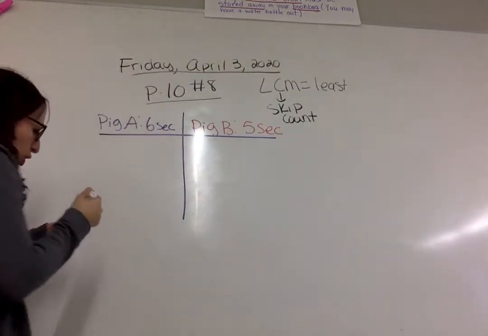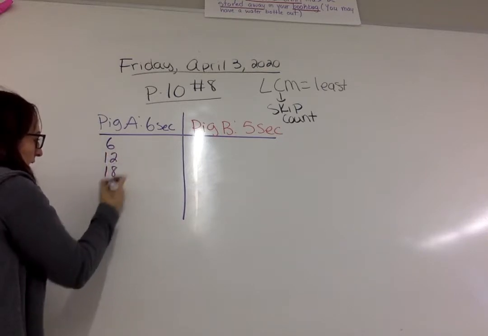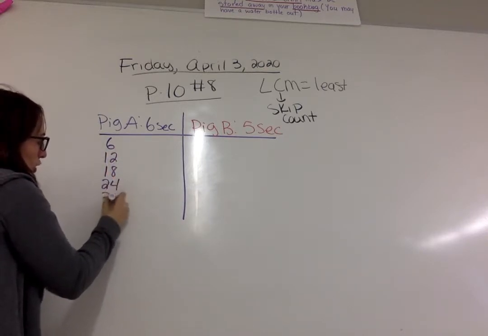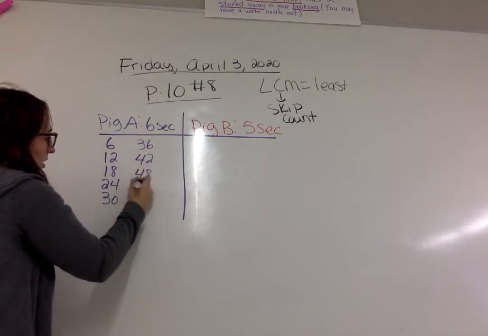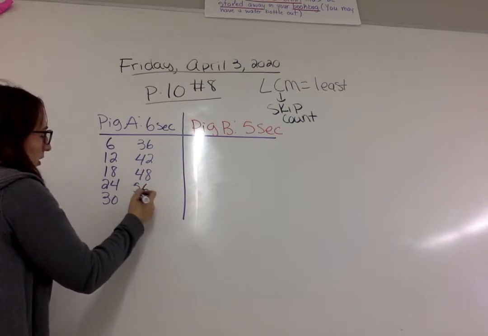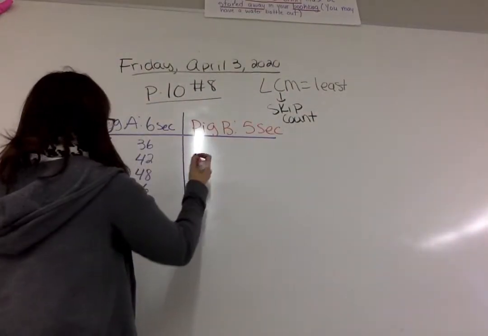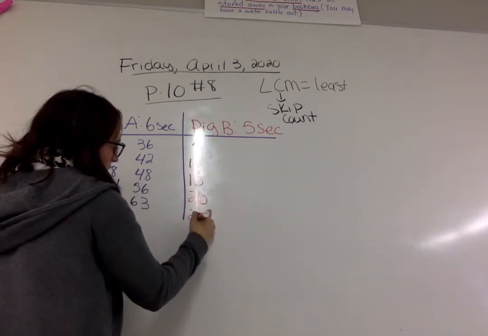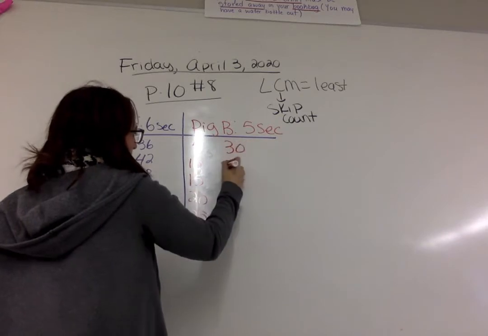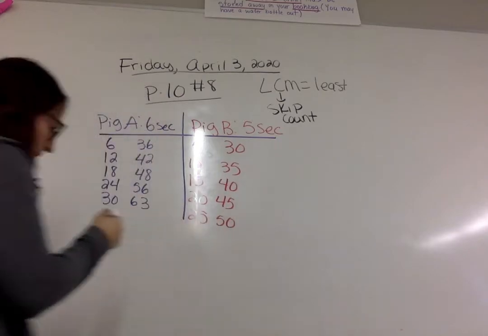So let's skip count the multiples of 6. 6, 12, 18, 24, 30, 36, 42, 48, 54, 60. I'm going to skip count my multiples of 5, which are easy. 5, 10, 15, 20, 25, 30, 35, 40, 45, 50.